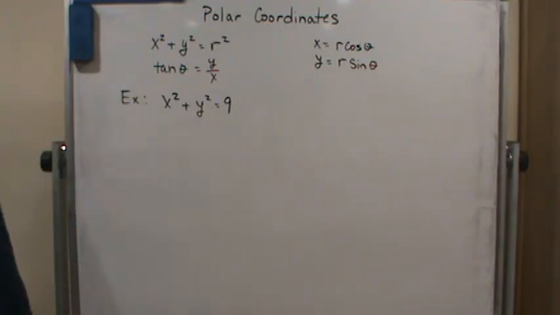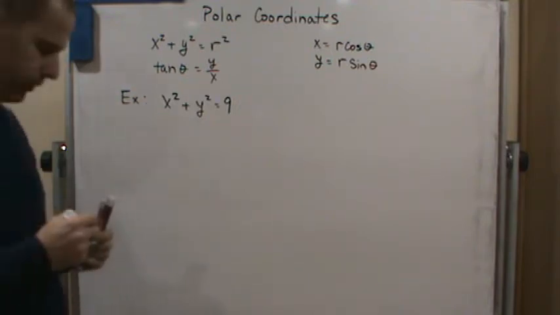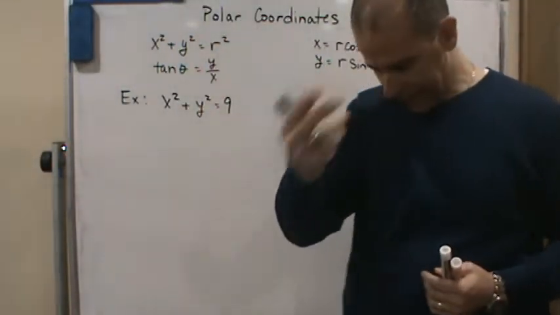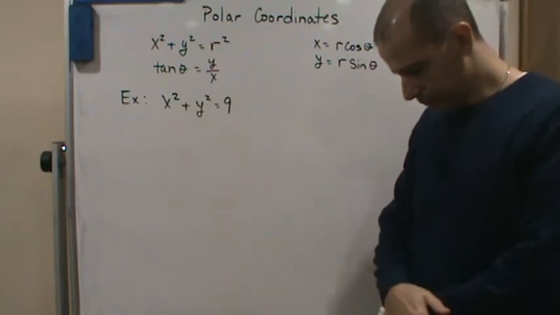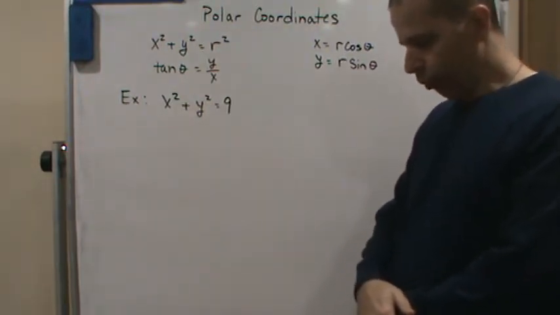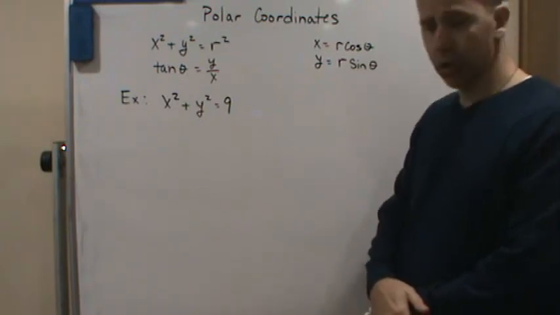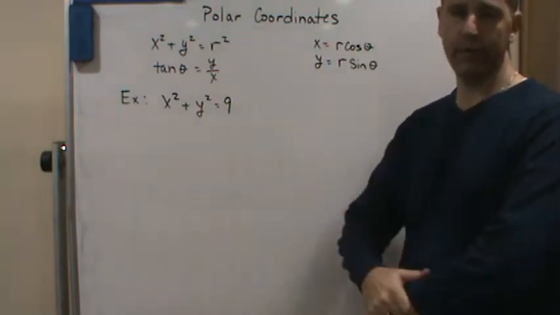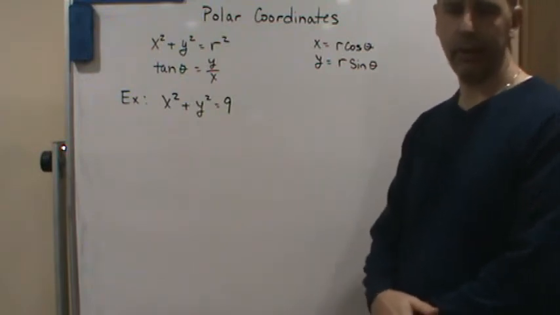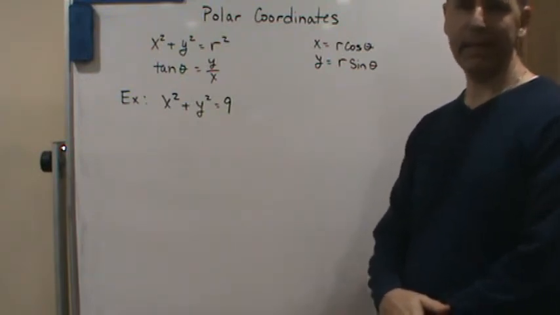So think about how this would look if we were looking at a circle within the polar coordinates, in the polar system. Think about what that might say.